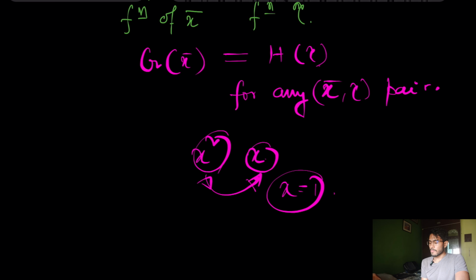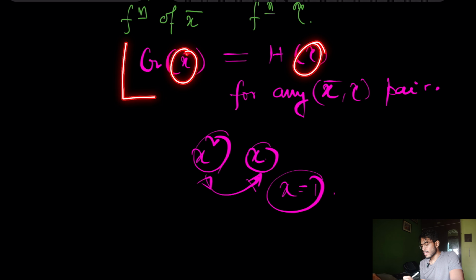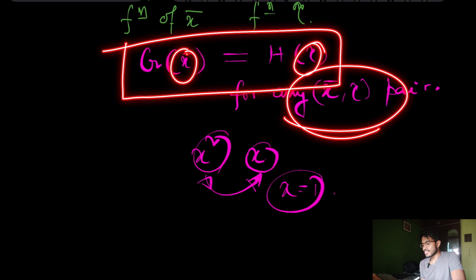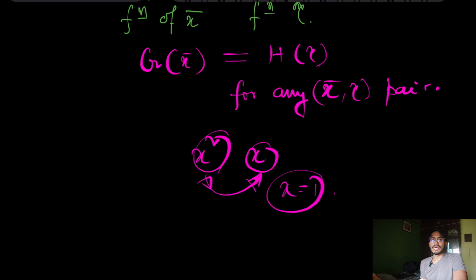Okay, but if it holds that it is a sole function of x bar and it is a sole function of tau, then if it has to hold for all points in x bar comma tau pair, then it must be a constant. Both the functions must be a constant.